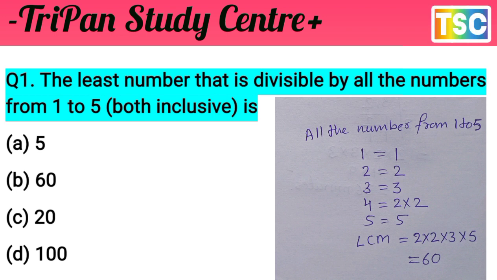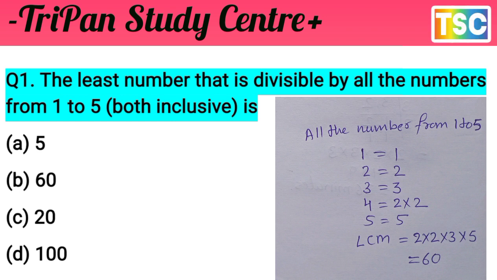First of all, for 1 to 5, take the LCM. 1 is equal to 1, 2 is equal to 2, 3 is equal to 3, 4 is equal to 2 into 2, and 5 is equal to 5.